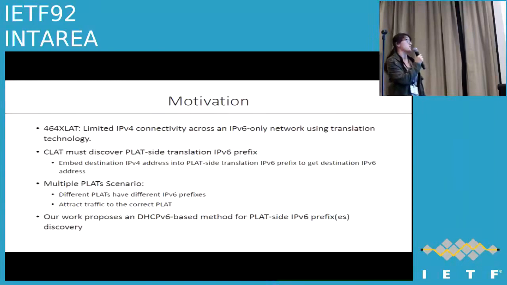The CLAT embeds the destination IPv4 address into the discovered IPv6 prefix to get the destination IPv6 address. For the multiple PLAT scenario, different PLATs may have different IPv6 prefixes, so traffic can be attracted to the correct PLAT. Our work proposes a DHCPv6 based method for the PLAT IPv6 prefix discovery.